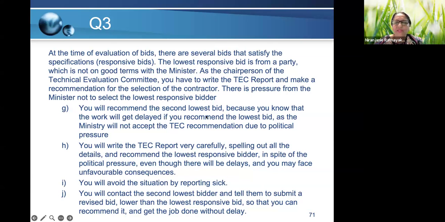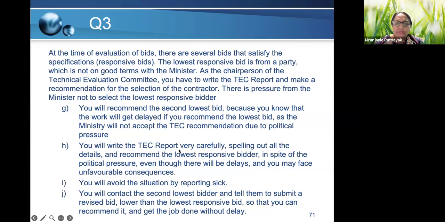You will recommend the second lowest bid because you know that the work will get delayed if you recommend the lowest bid, as the ministry will not accept the tech recommendation due to political pressure. Right? There's a point there.